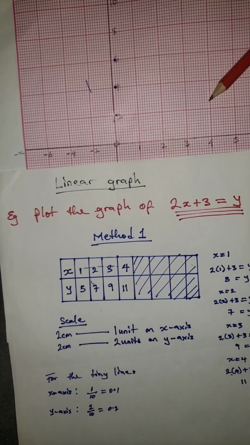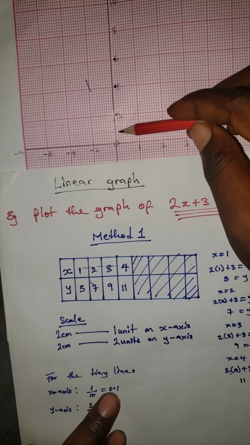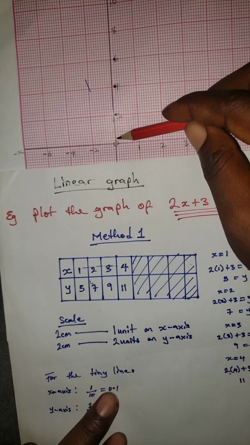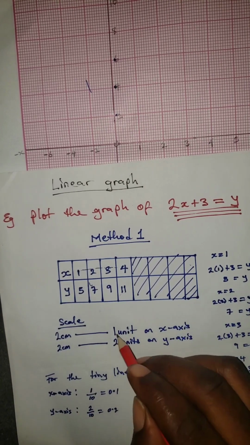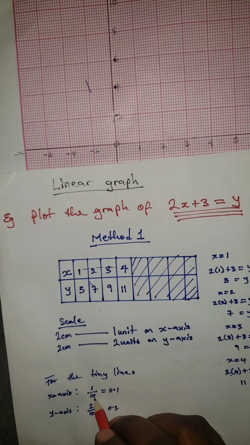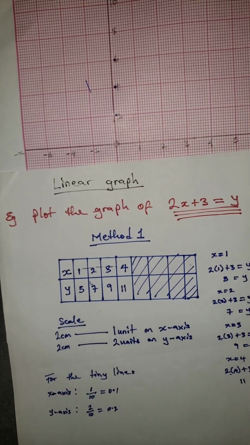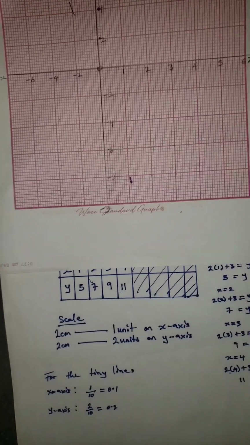So each tiny line on the x-axis is 0.1, while each tiny line on the y-axis is 0.2. So this is how to get that. Just find out the unit that the 2 cm is representing and divide it by 10, because there are 10 lines. Okay, so let us come now and locate our points.